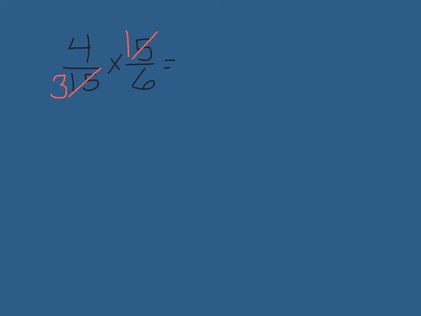Then into my 4 and 6, I can use a 2. 2 goes into 4 2 times, and 2 goes into 6 3 times. Now I have 2 times 1 on the top is 2. Sorry, I was looking at the 3's. And then 3 times 3 equals 9. So our answer is 2/9.